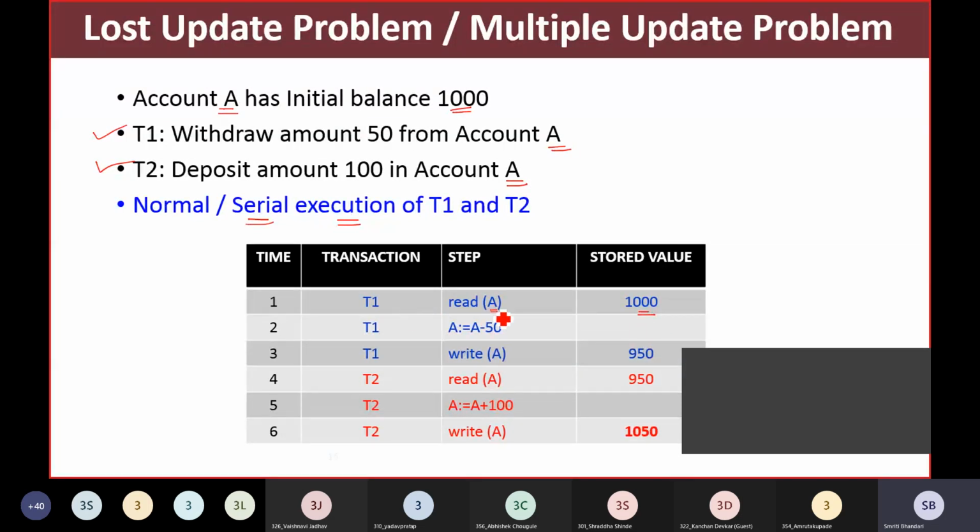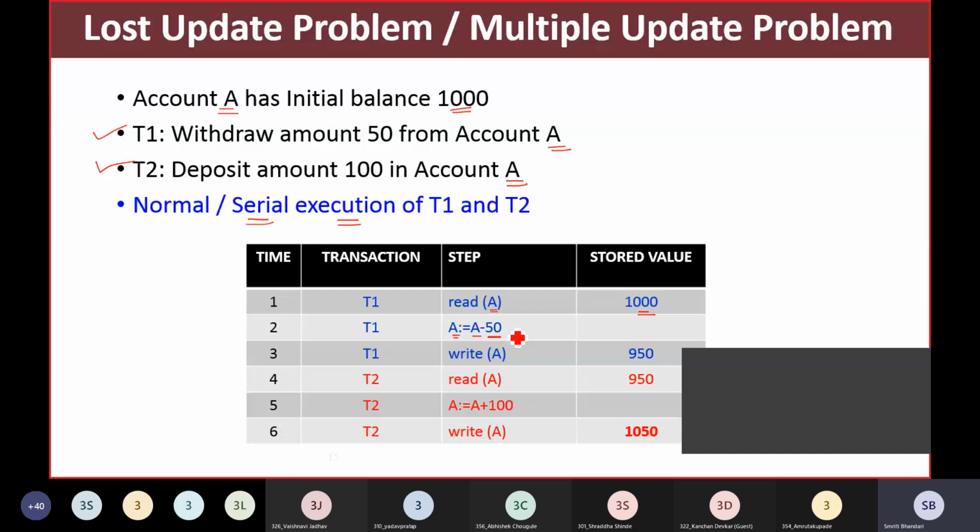So T1 reads that amount and then withdraws it. Withdrawing means we need to deduct amount 50 from that balance, so T1 executes the statement A = A - 50.